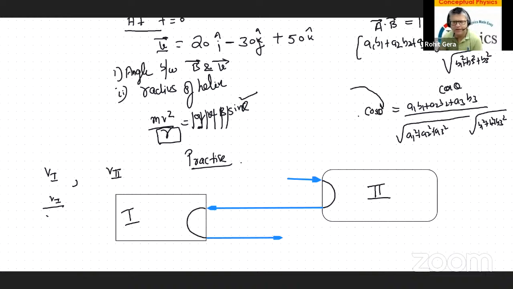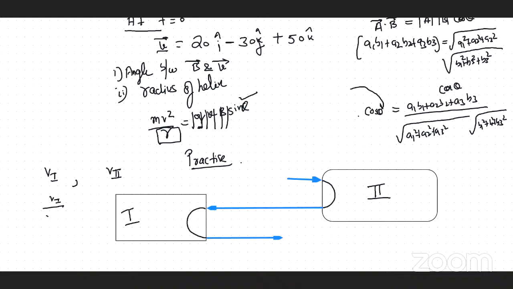You can compare to justify this answer their masses. You can compare their velocities. You can compare their magnetic field, but that is the same for both. You can compare their charges.